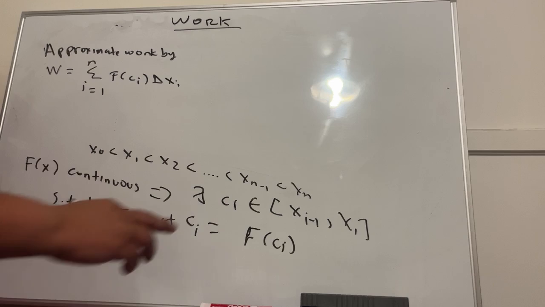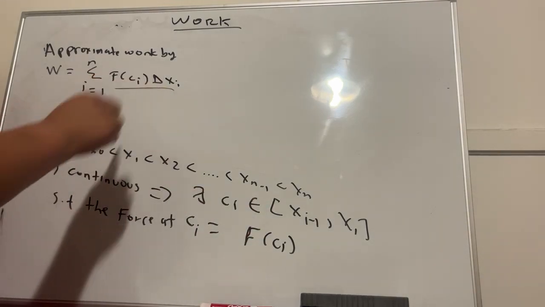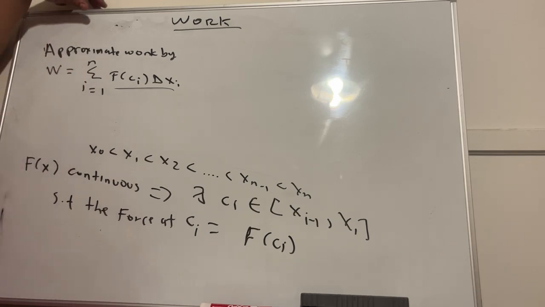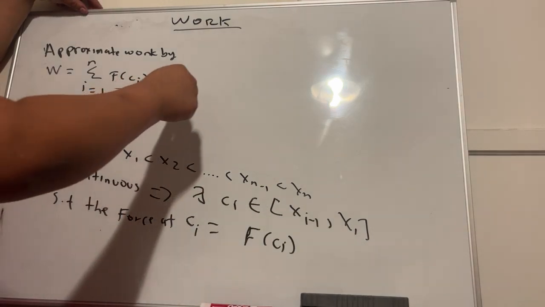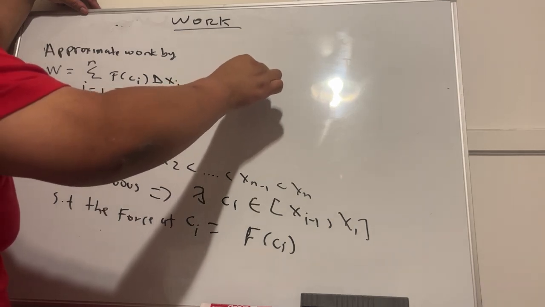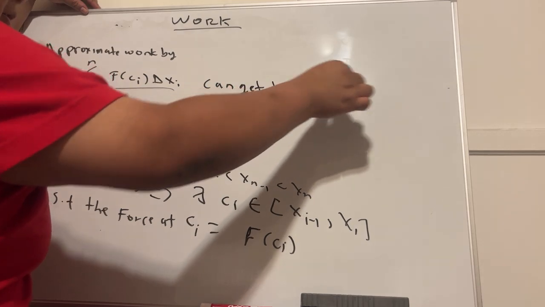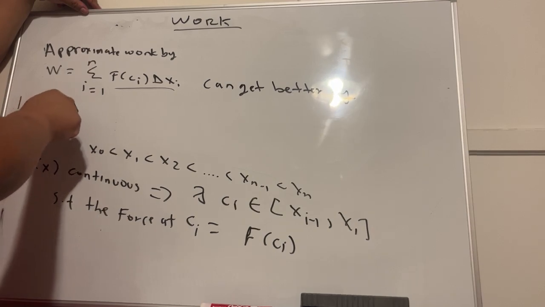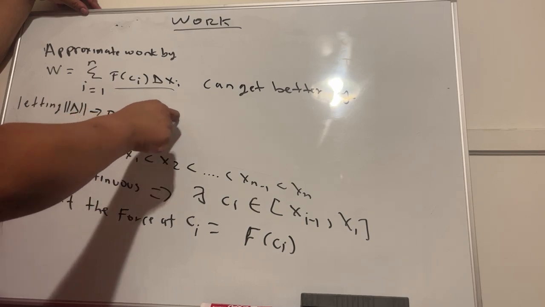So for each sub-interval we have this, and we add them all, we get an approximation. And this approximation can get better by letting delta x go to zero, or n approach infinity.